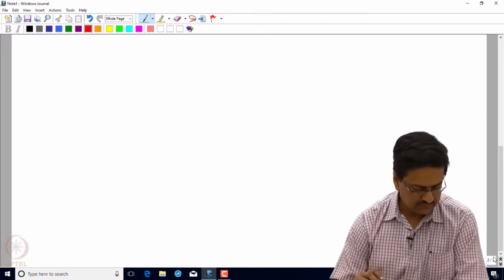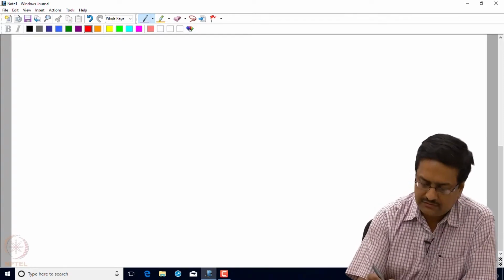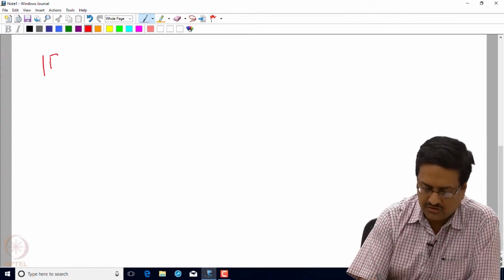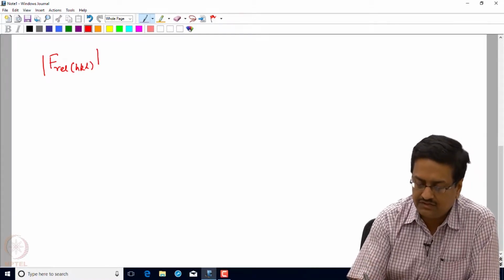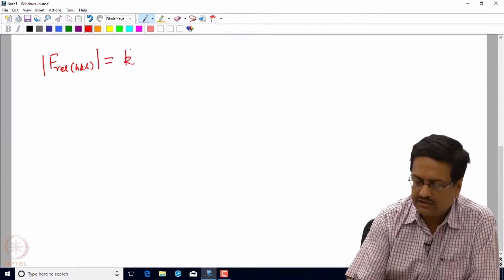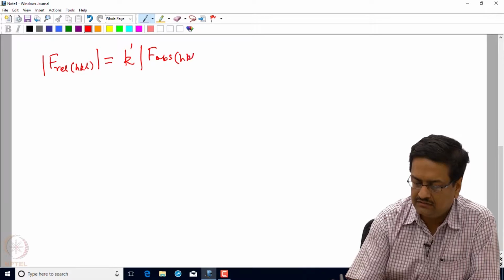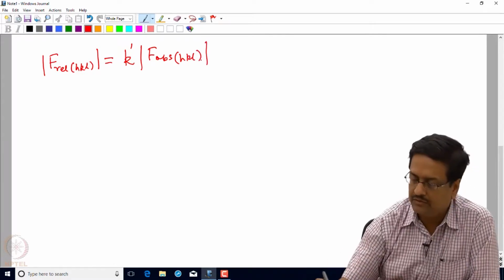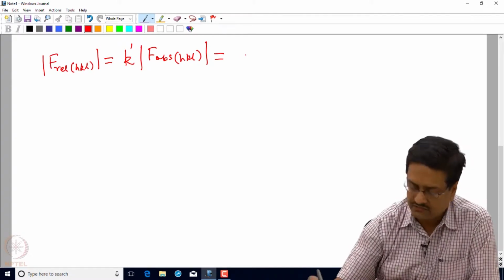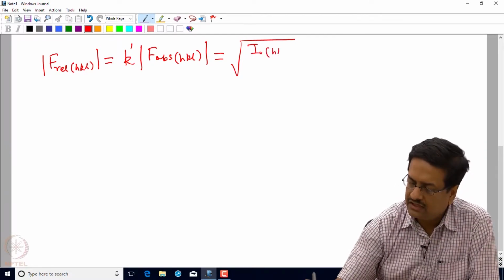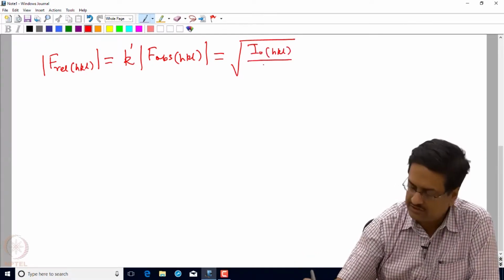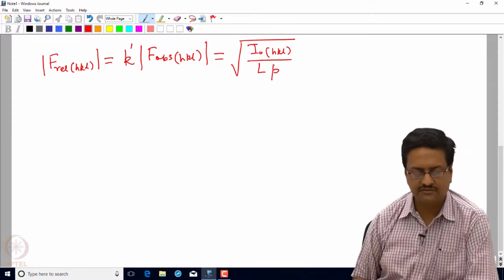So the result that one can write is the mod of F relative HKL. Now here I am replacing the term observed with relative, is equal to some constant K prime times F observed HKL, or FOHKL, whichever we may want to write, is equal to square root of IOHKL, I observed HKL divided by Lorentz and polarization terms.